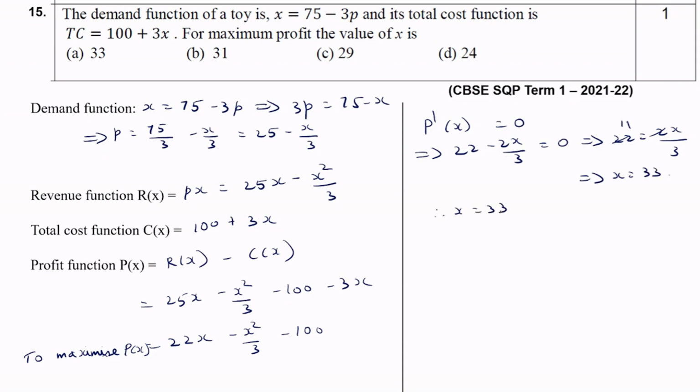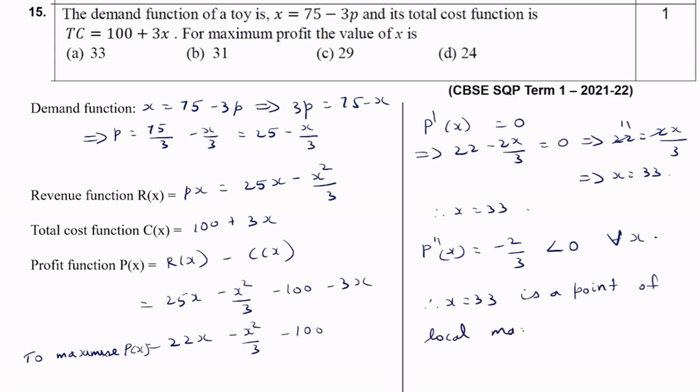Therefore x is equal to 33. Now P double dash of x, when we differentiate this again, we get minus 2 by 3. This is less than 0 for all x. Therefore x is equal to 33 is a point of local maxima. So the value of x for which the profit is maximum is 33. So the correct option is option A, 33.